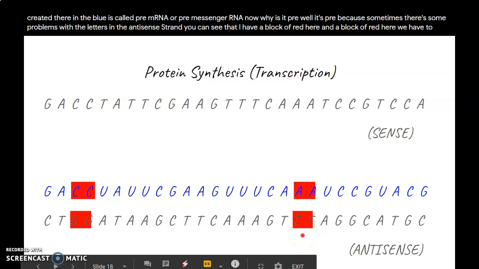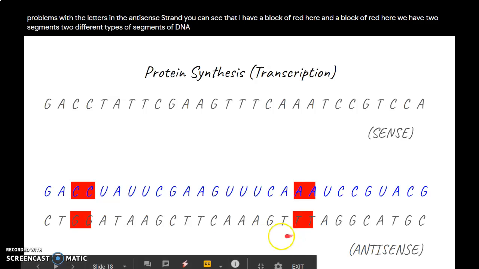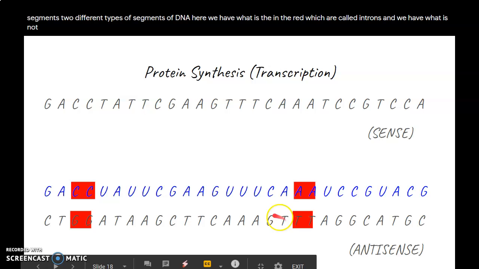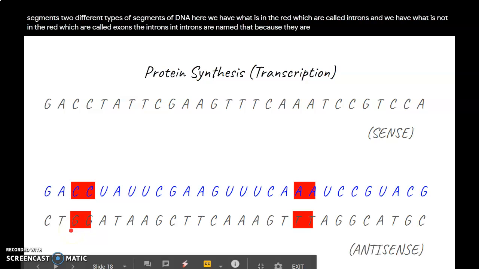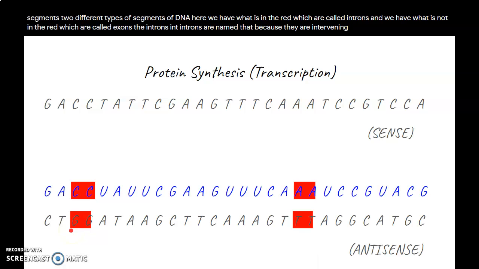We have two different types of segments of DNA here. We have what is in the red, which are called introns, and we have what is not in the red, which are called exons. The introns, I-N-T, introns, are named that because they are intervening. They're in the way.